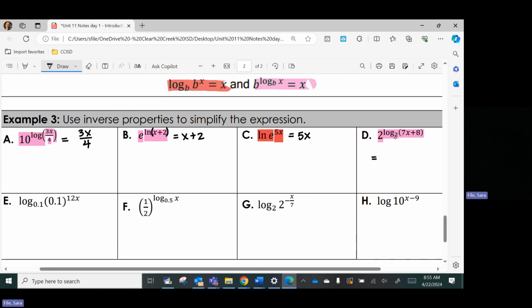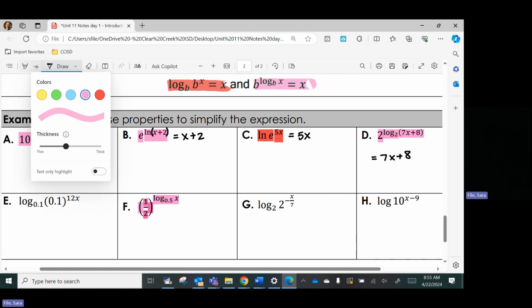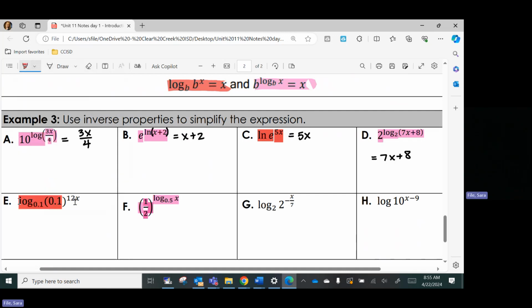Two to the power of log base 2 is going to negate. I'm just going to be left with the 7x plus 8. This is that same format. And then the rest of these are the log format. But the same rule applies for all of these.